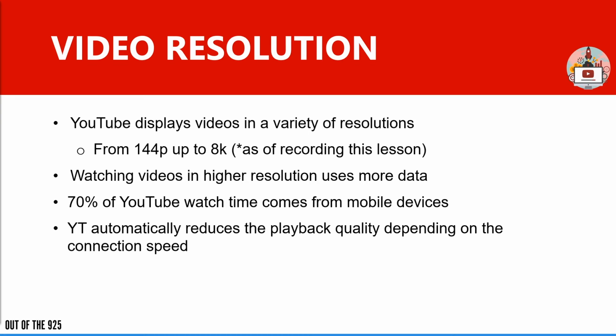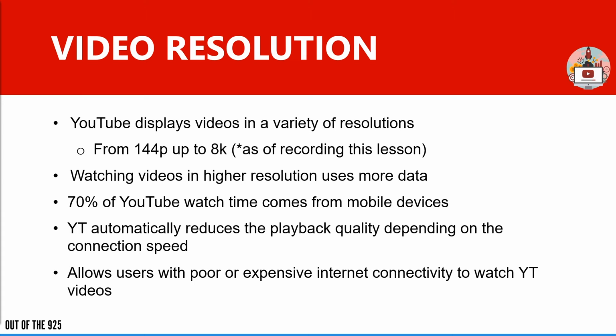And generally mobile devices have smaller screens, so the reduced quality is not quite as noticeable because the screen size is smaller. YouTube just wants to help people with poor, expensive internet connectivity to watch YouTube videos for longer.